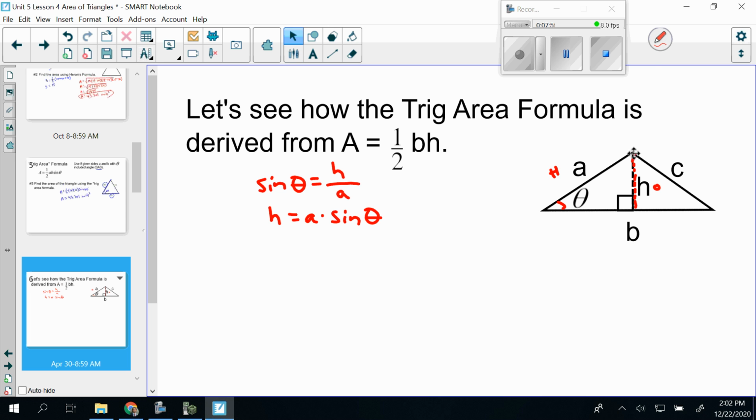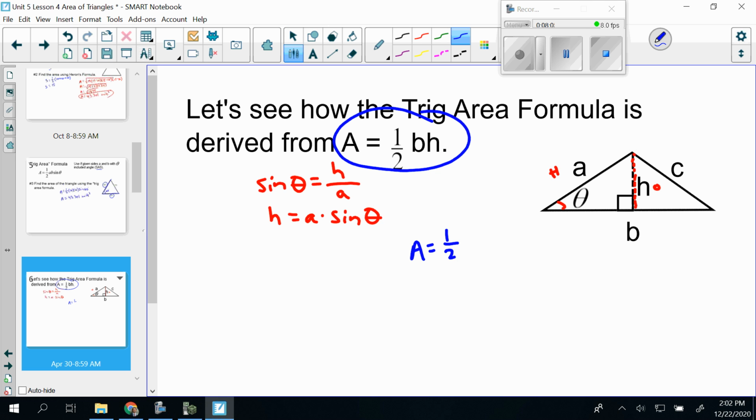Now if I put that into the area equation right here, it'd be 1/2. Our base here is b, times our height, which our height is right here.